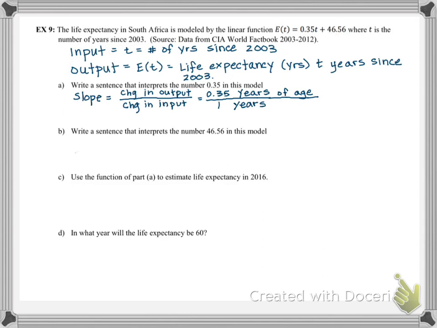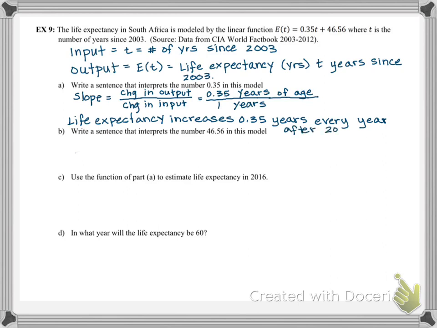So what this tells me is that the life expectancy, my output, increases, and the reason I know it's an increase is because my slope is positive. 0.35 years every year after 2003.